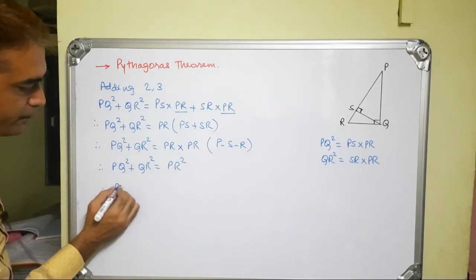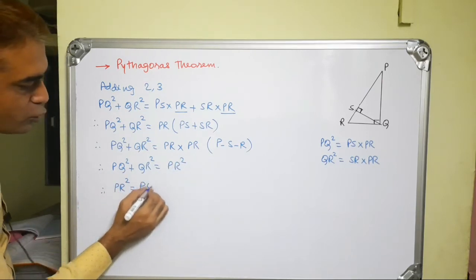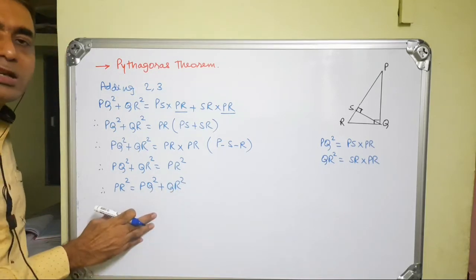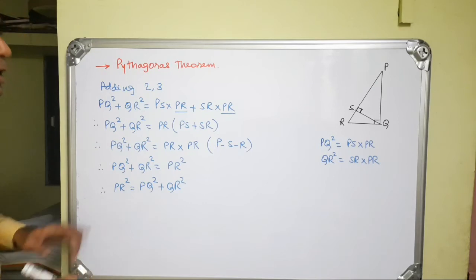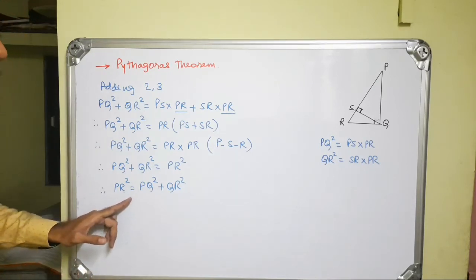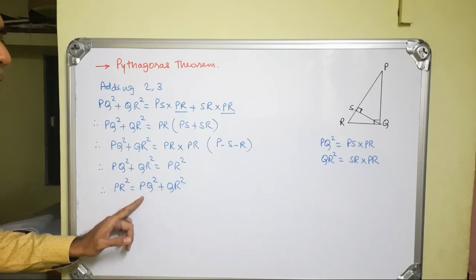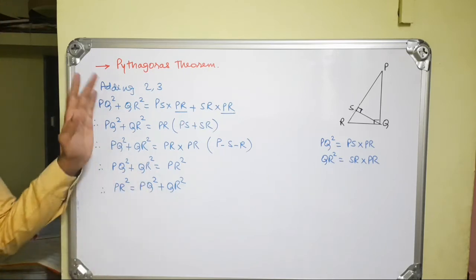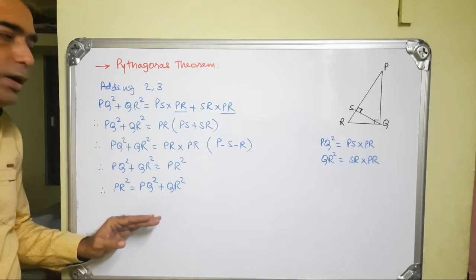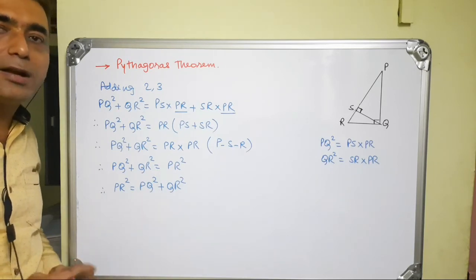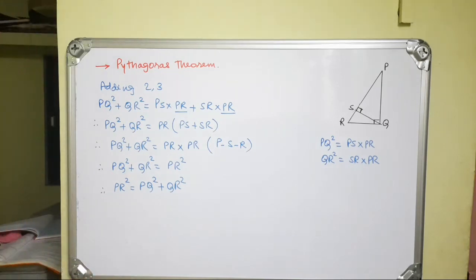Or we can write PR square equals PQ square plus QR square. And this is the statement we had to prove, that hypotenuse square equals the sum of squares of the remaining two sides, that is PQ square plus QR square. So in this way we have understood this Pythagoras theorem. Now we will see the converse of Pythagoras theorem.